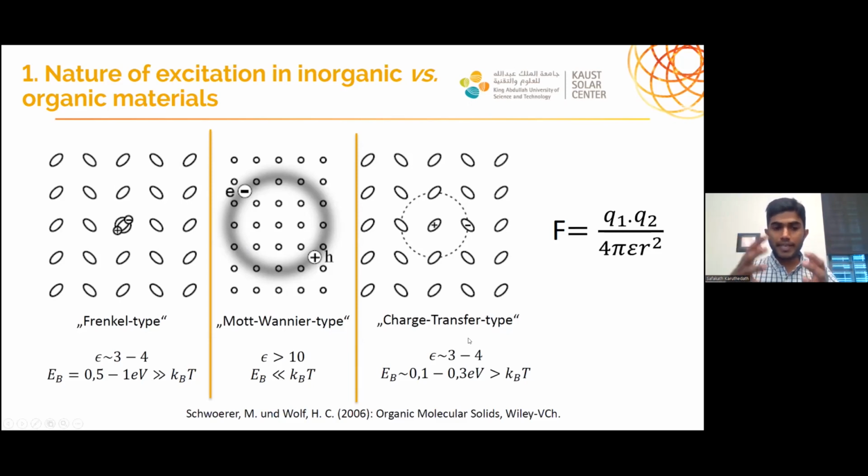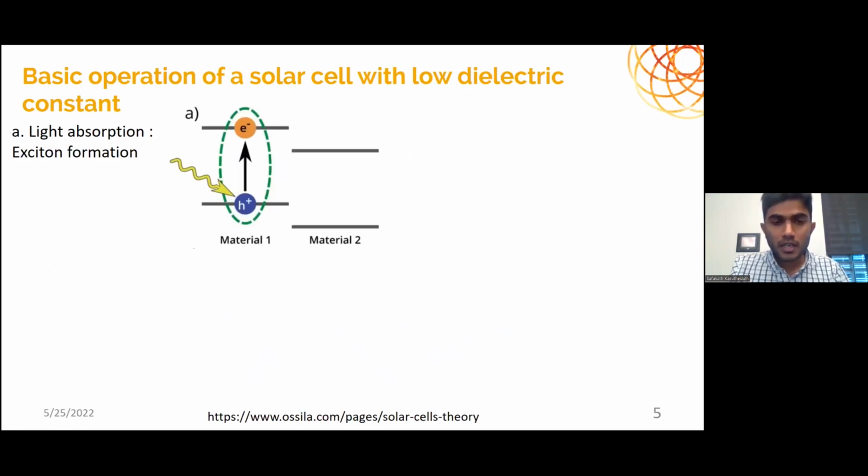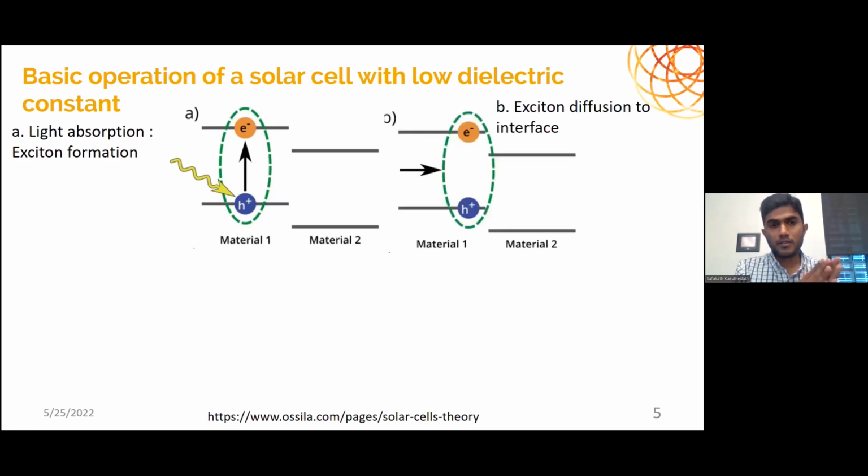When you put the second material with the first material, the donor and acceptor mixed together, and the electron and hole are in two different materials, the state, still bound, we call charge transfer type. I'm going to explain this in detail. When organic semiconductor material 1, let's say the donor, absorbs light, it forms a singlet exciton, and these excitons move to the interface to get separated.